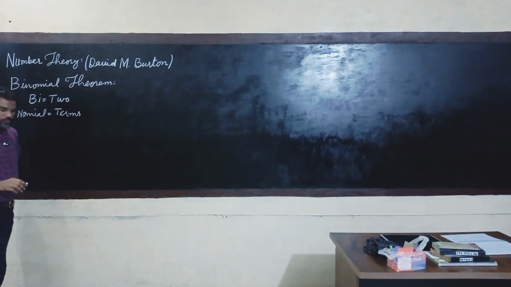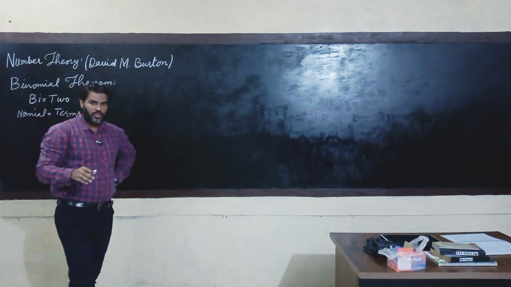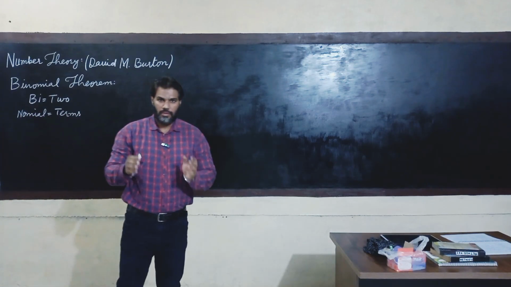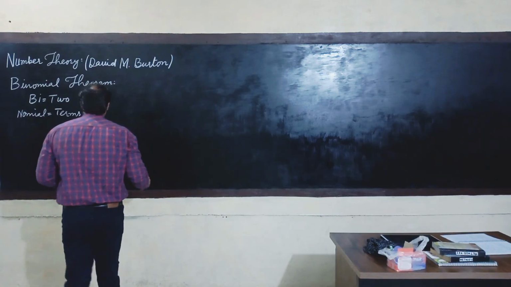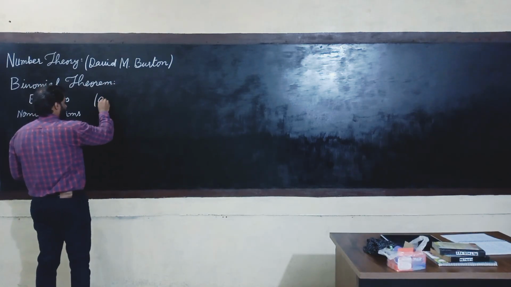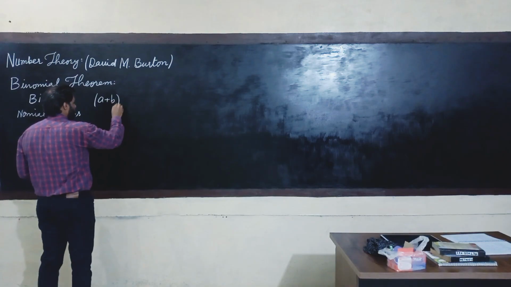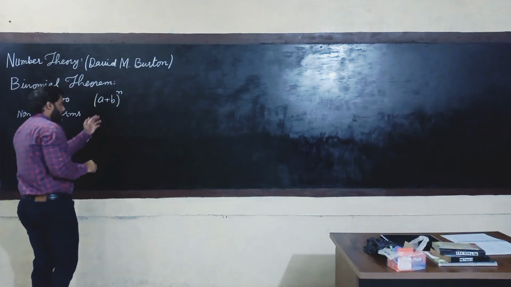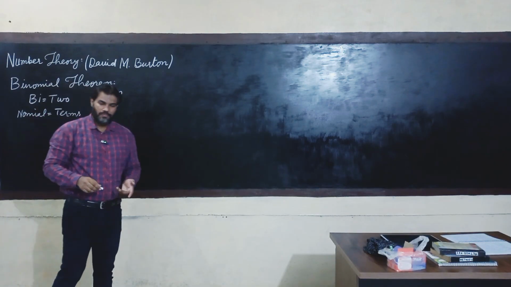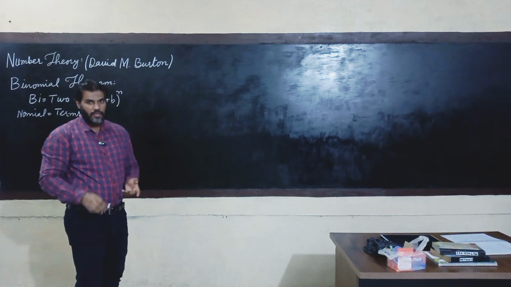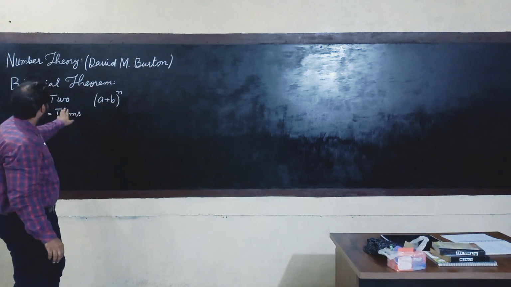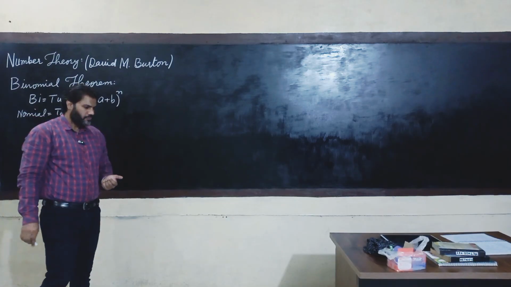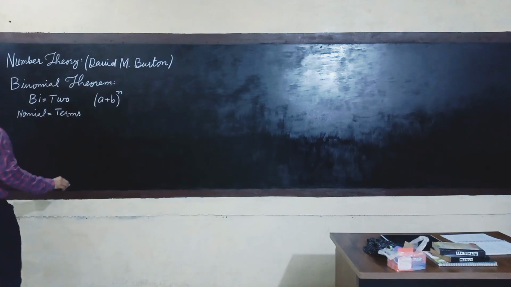So actually the binomial theorem gives the expansion of the sum or difference of two terms. Whenever we have to expand (a + b)^n, where a and b are real or complex numbers and n is a positive integer, then this expansion is called the binomial theorem.